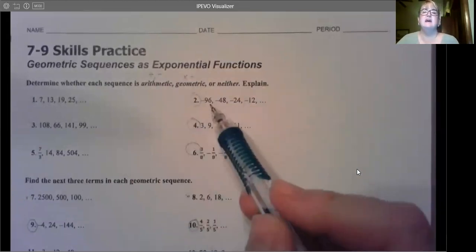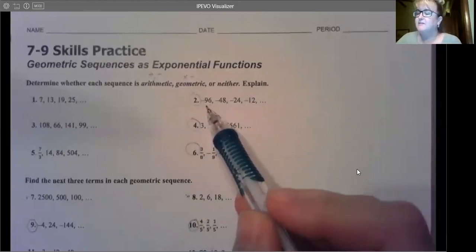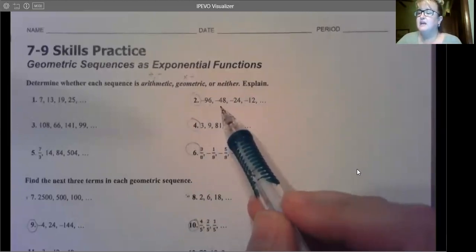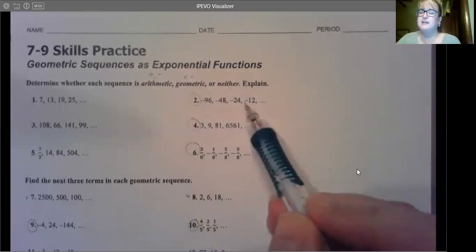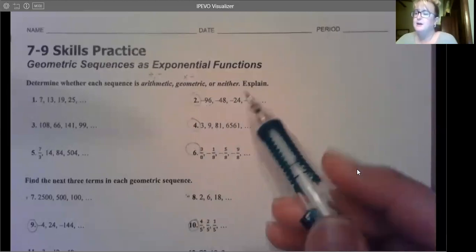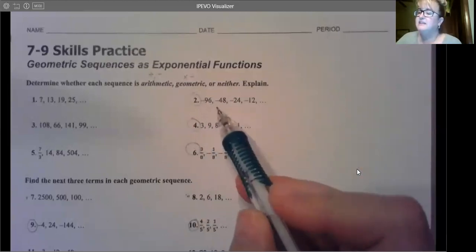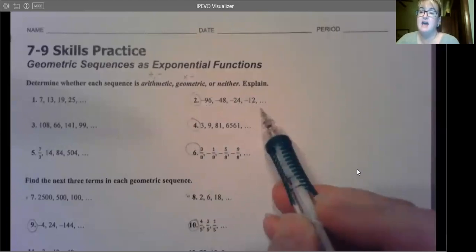Let's look at number 2. We're going to do the even ones on this one together. -96, -48, -24, -12. All right, all of our signs are the same, so we're good there. I noticed that these are being cut in half.